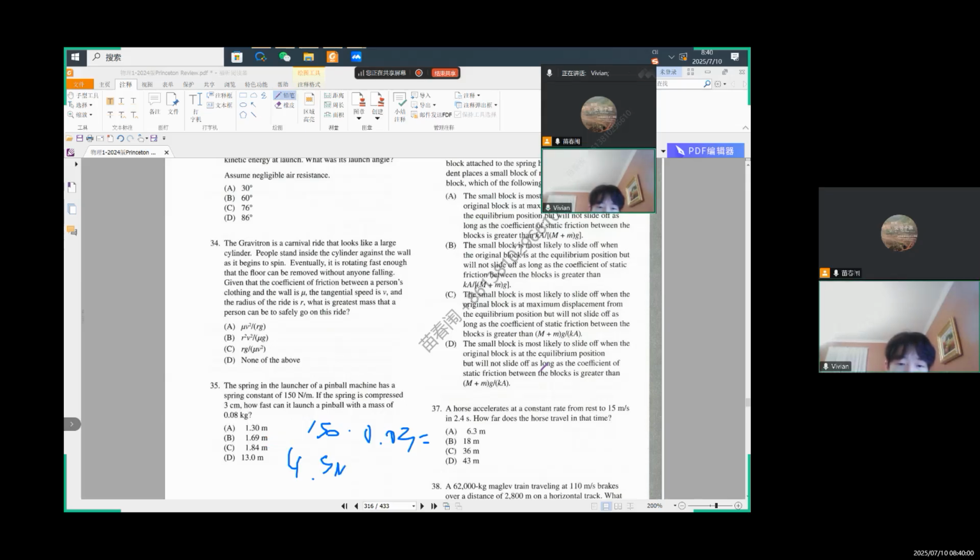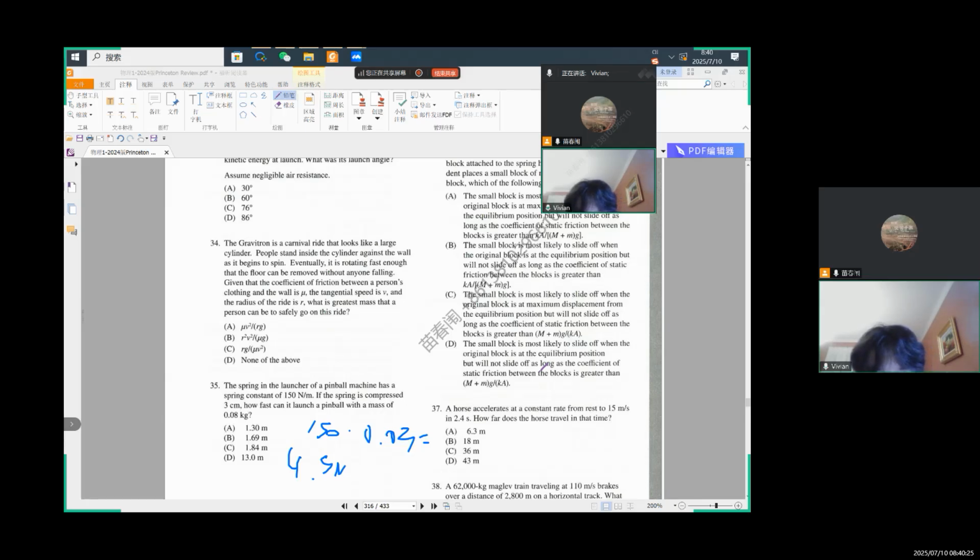How fast can it punch a pinball with a mass of 0.08 kilograms? Force equals mass times acceleration. Oh wait, it says how fast can it punch it?